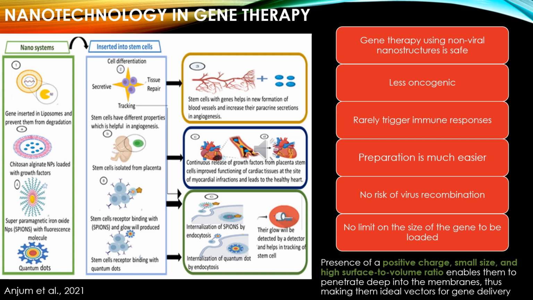The stem cell receptors will also bind with quantum dots, and when they enter the membrane by endocytosis or diffusion, the internalization of quantum dots can be monitored by sensors. This helps in easy tracking of these stem cells, and we can monitor the progress of the loaded nanoparticles.